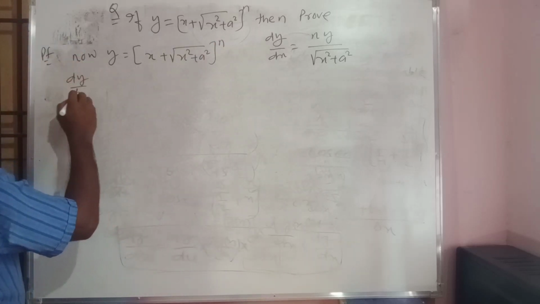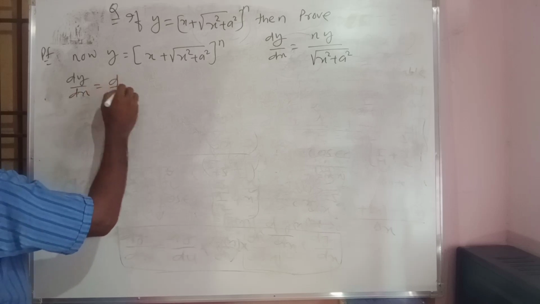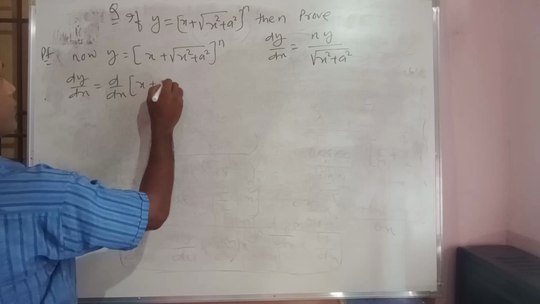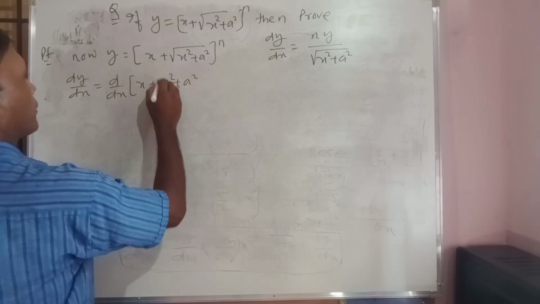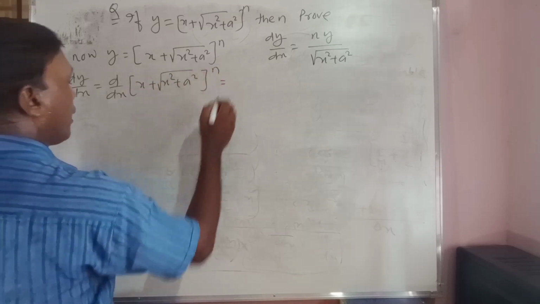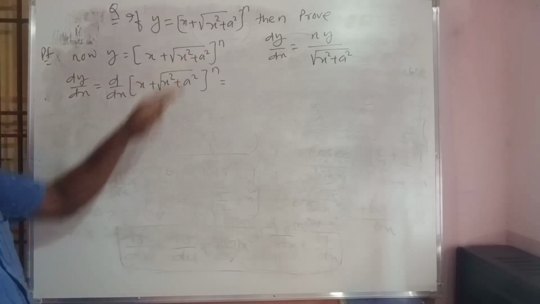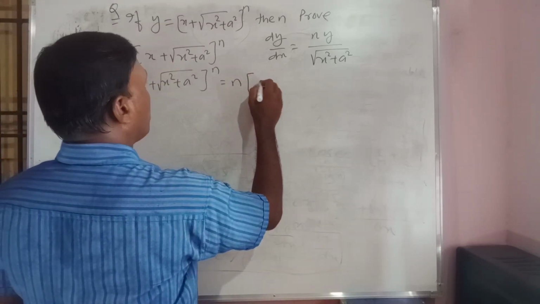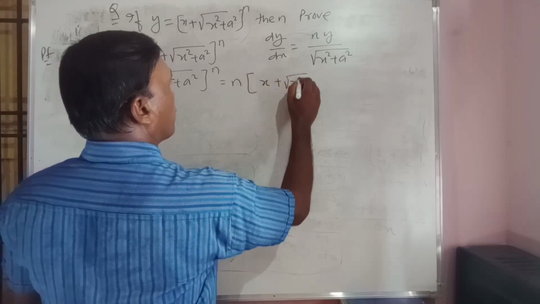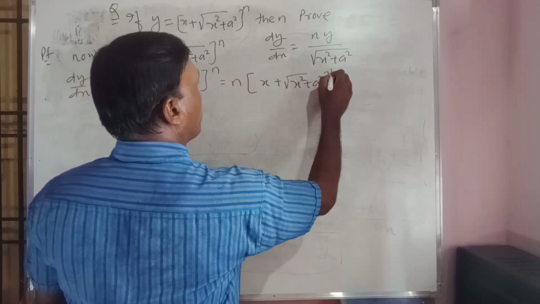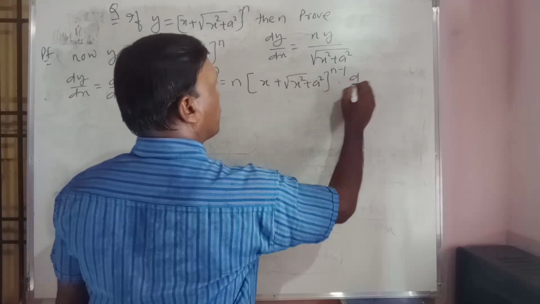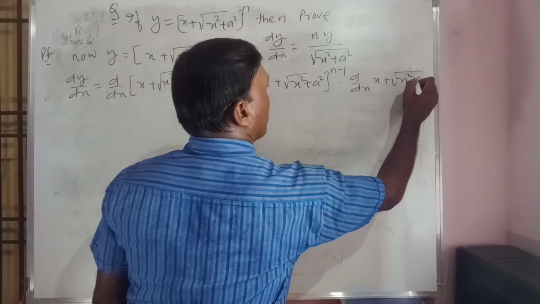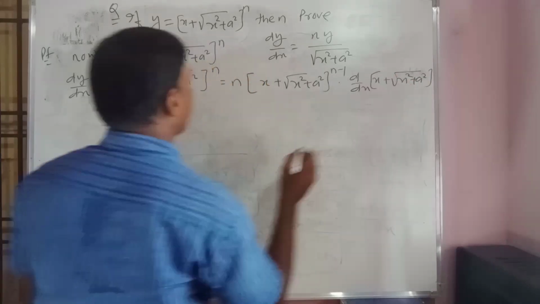dy by dx is equal to d by dx of (x plus root over of x square plus a square) whole to the power n, and we can apply here the rule for x to the power n. This is n into (x plus root over of x square plus a square) whole to the power n minus 1 into the derivative of x plus root over of x square plus a square.